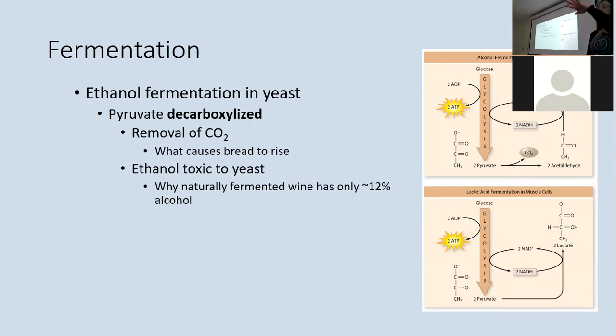For people who say homebrewing or doing naturally fermented wines in a closed system, you cannot create a naturally fermented wine with more than 12% alcohol, because at that point all your yeast will start to die. There's too much alcohol in the wine. There are obviously ways to get around that. People make alcohol with much more than 12% alcohol in it, but in a natural closed system, you'll actually kill off all your yeast at 12%. All right, so ethanol fermentation.